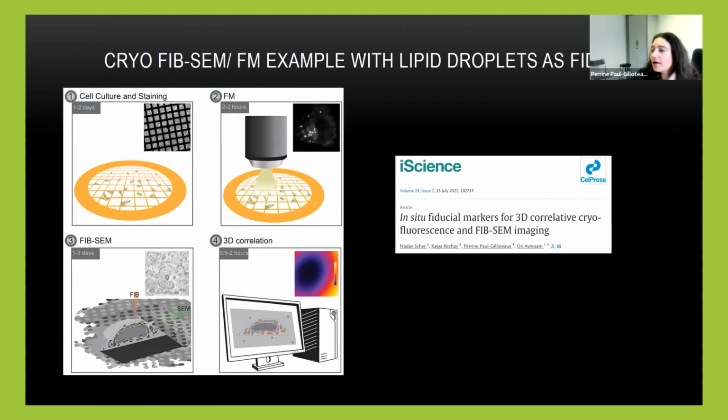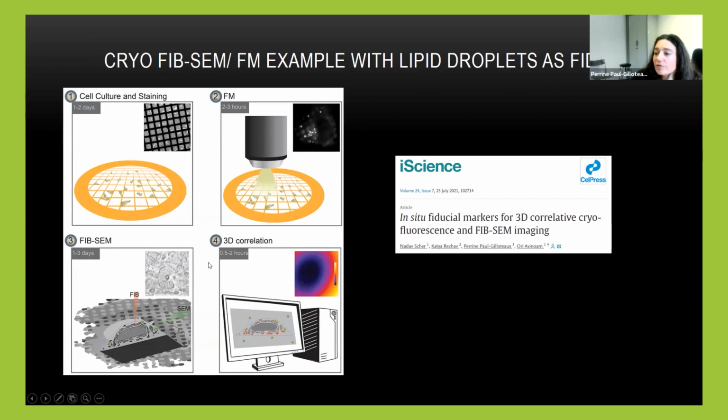Another example here, it's a work with Ori Avinoam from Weizmann Institute on that share. And what they wanted to do was basically prove that lipid droplets could be used as useful natural fiducials for correlation of CRYO-SIM and CRYO-light microscopy.